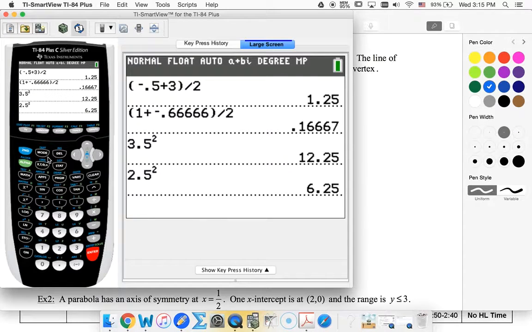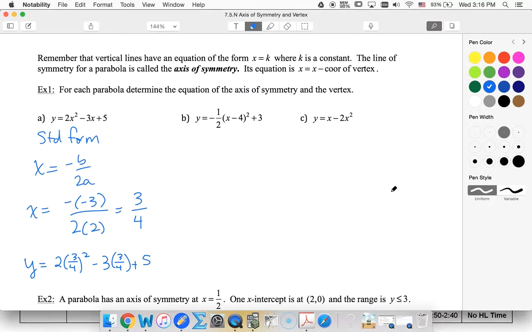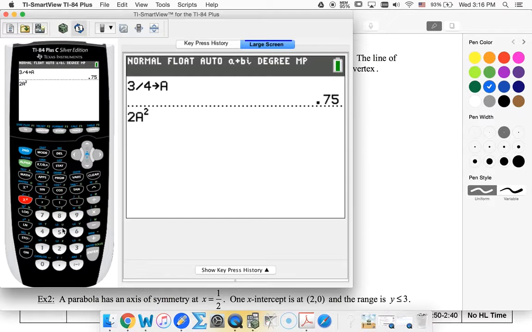I'm just going to use my calculator. The easiest way to do that, I'm going to take my 3/4 and store that as the letter a. And so then I'm going to do 2a squared minus 3a plus 5.